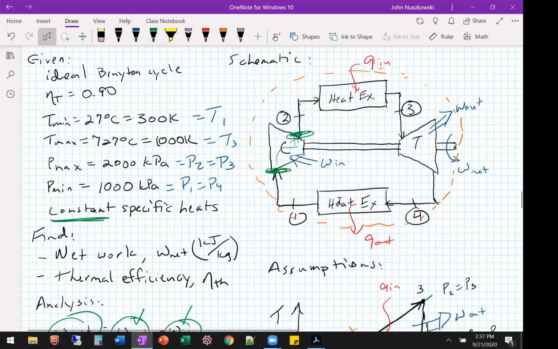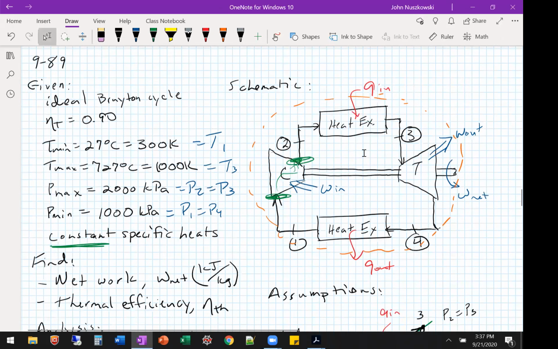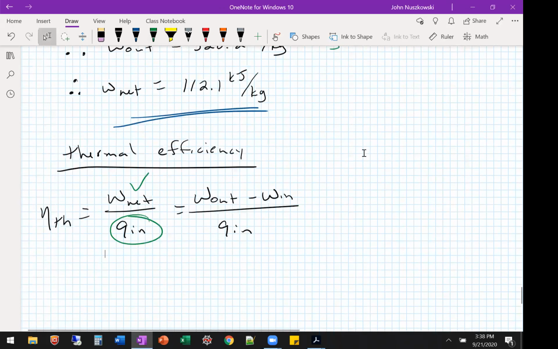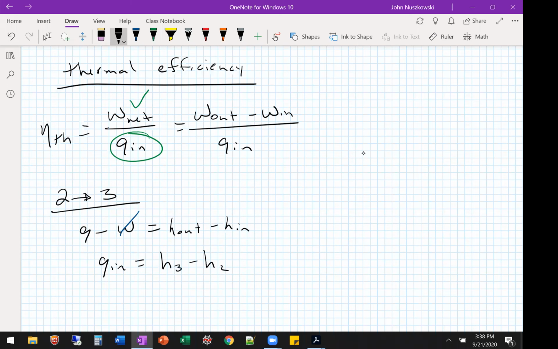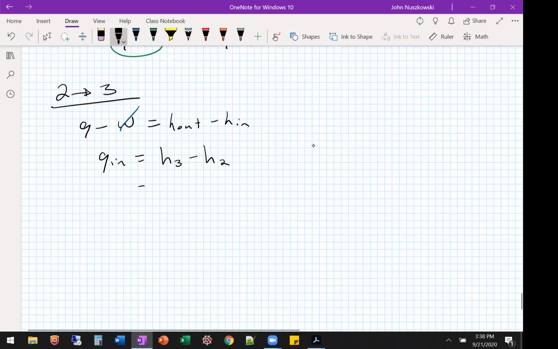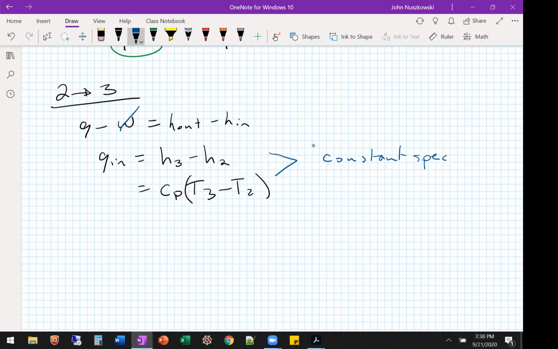2 to 3. Yeah, 2 to 3 is our heat exchanger. We're adding heat, raising the temperature while pressure stays constant. So for process 2 to 3, there's no work, so heat in is H3 minus H2, which is CP delta T because we have constant specific heats and it's an ideal gas.